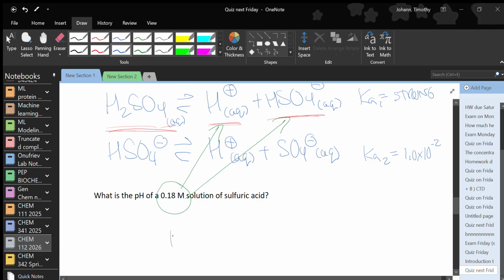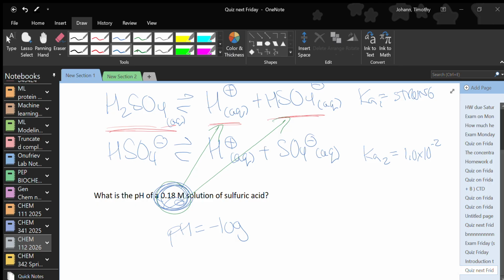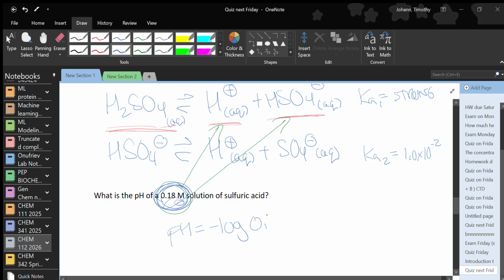And so the pH is equal to the negative log of this concentration, right? Because that is the concentration of my H+. Okay. So I can go and put that in my calculator.